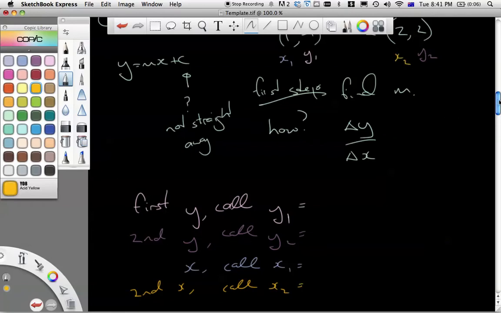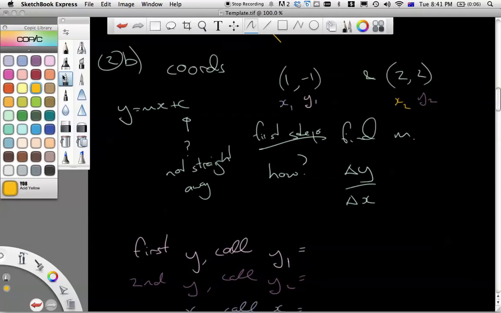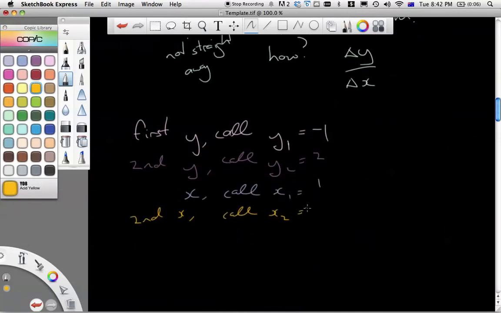So if we take our values, what have we got? We've got y1 equals -1. We've got y2 equals 2. We've got x1 equals 1. And we've got x2 equals 2.